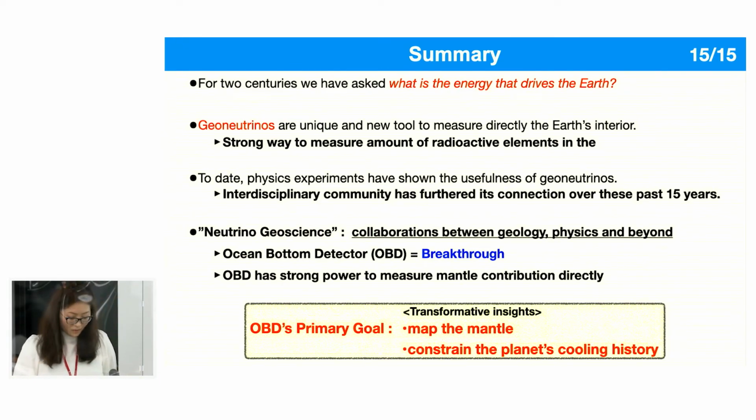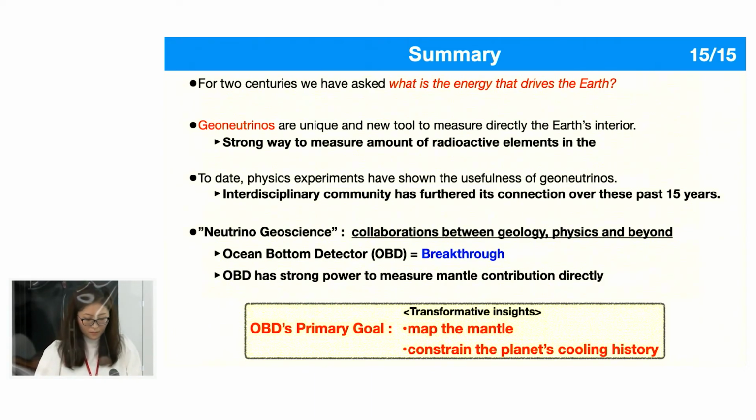Okay, summary. For these 2 centuries, we have asked what is the energy that drives the Earth? And we started to get some information from the geoneutrino measurement, which is a totally different way to understand the Earth. Today, physics experiments have shown the usefulness of the geoneutrino.